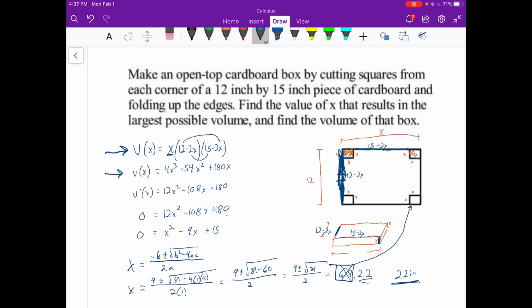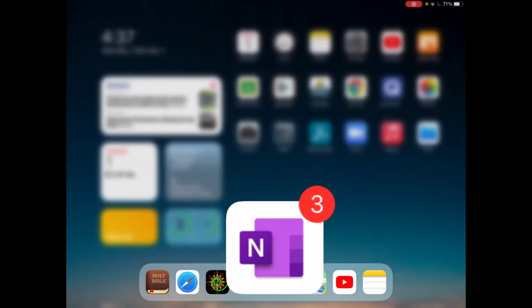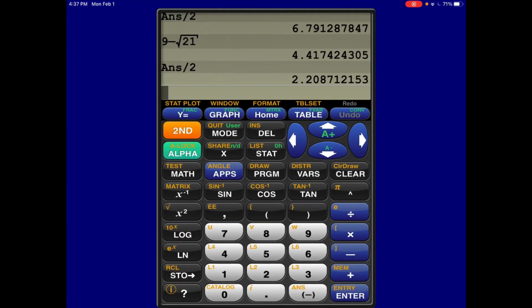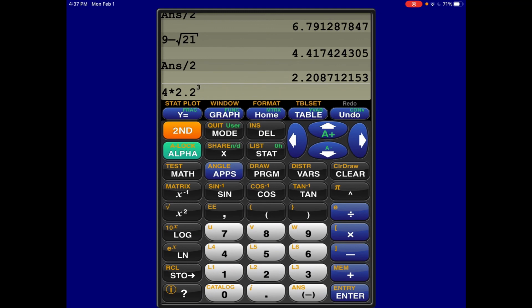So I'm going to go ahead and plug that in. I'm going to go back to the calculator. Hopefully I can remember this. So we have 4 times 2.2 cubed minus 54 times 2.2 squared plus 180 times 2.2.